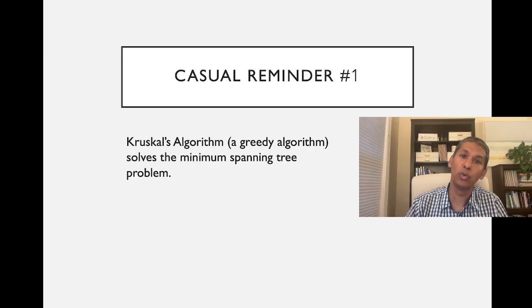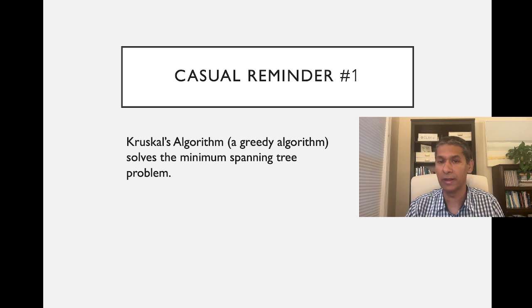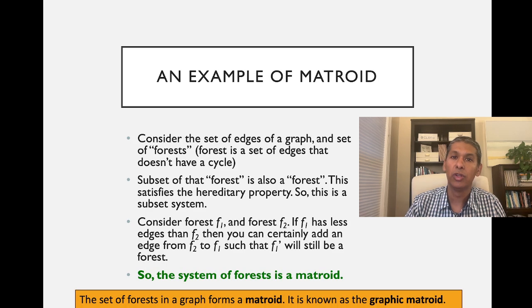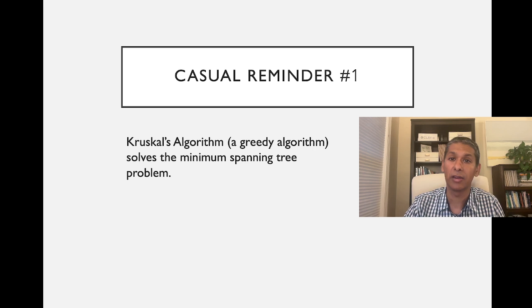Now I want to bring you a reminder that Kruskal's greedy algorithm does solve the minimum spanning tree problem optimally by building that forest one step at a time. So here I'm trying to invite you to make a connection between this slide, that the system of forests is a matroid, and yes, a greedy algorithm actually solves it. Okay, so there's that connection.